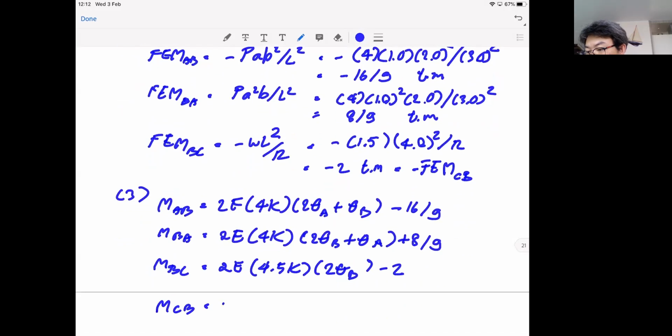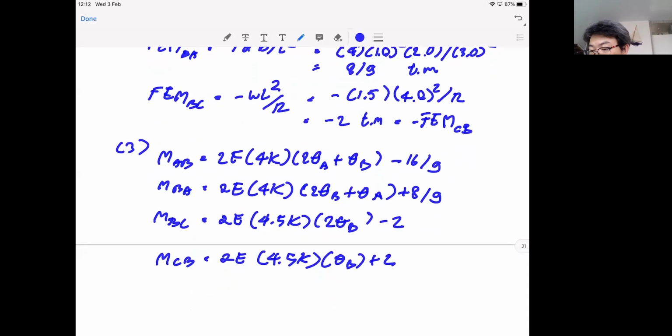MCB is 2E over 4.5K, zeta B plus 2. And then you have MBD. That's pretty much like a column, you know. So it's 2E over 6K, and we have 2 zeta B.